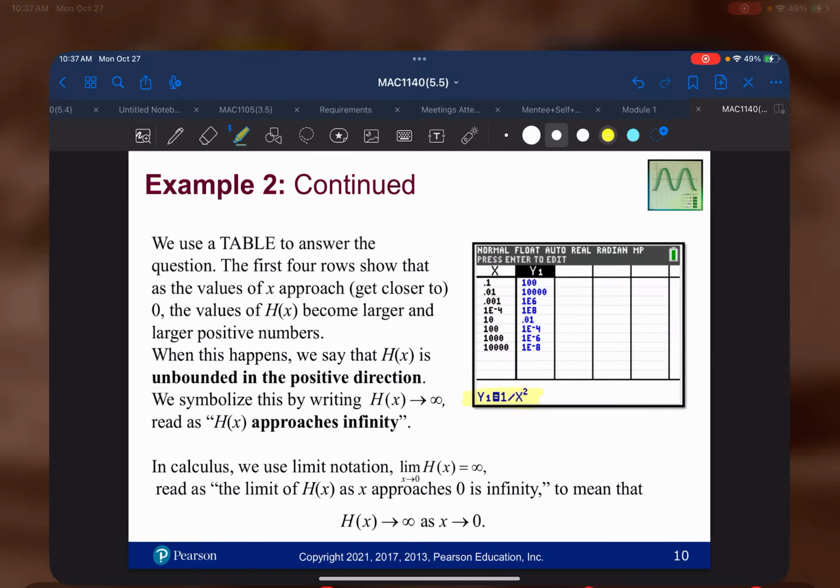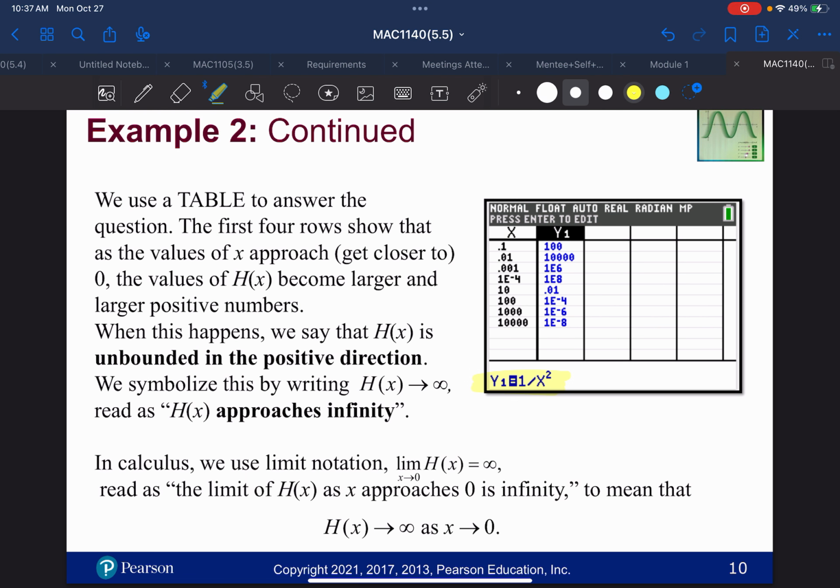And just remember, when I go to 0.001, my output here is 1e to the 6th. Remember, that means 1 times 10 to the 6th power, which is 1,000,000. So 1 million. It's getting very large very quickly.